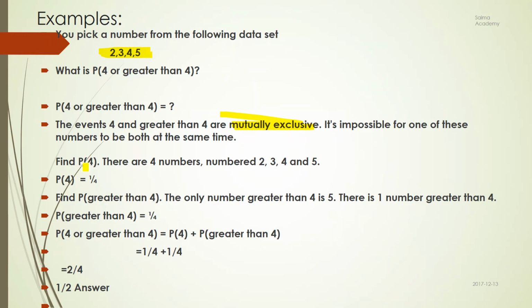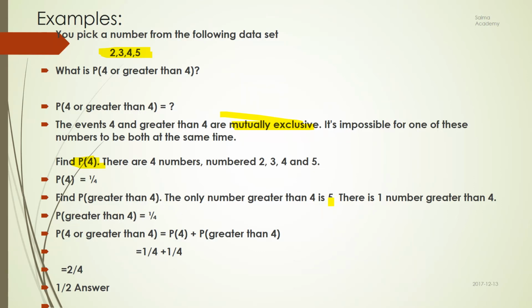So first you have to find the probability of 4. There is only one chance that you will pick 4, because there is only one 4 among 2, 3, 4 and 5. So the probability of 4 is 1 by 4, because we have 4 numbers. And then you have to find the probability of greater than 4.